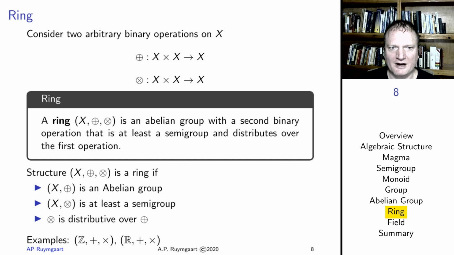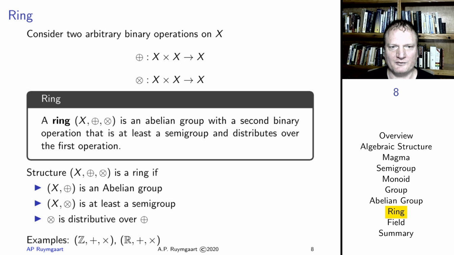We can now describe a ring as an abelian group with a second binary operation that's at least a semigroup, and the second operation distributes over the first operation. So structure X, O plus, O times is a ring if X O plus is an abelian group and X O times is at least a semigroup, and O times distributes over O plus.